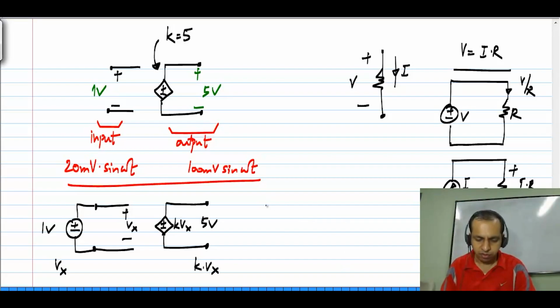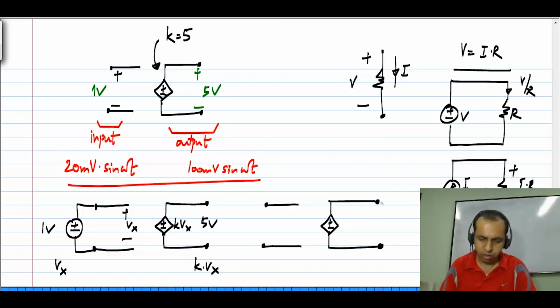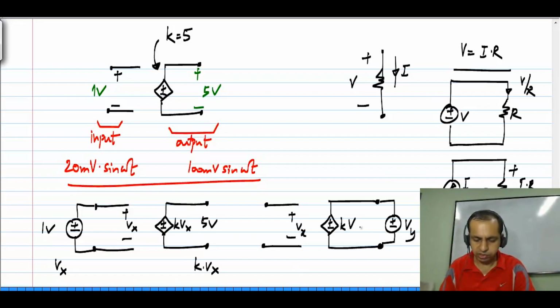But the other way around, you cannot apply a voltage to this side. So let's say Vy, the controlled voltage source still is assumed to follow the same relationship, Vx and k times Vx. You cannot apply a voltage to the right side and get Vx equals Vy by k on this side.